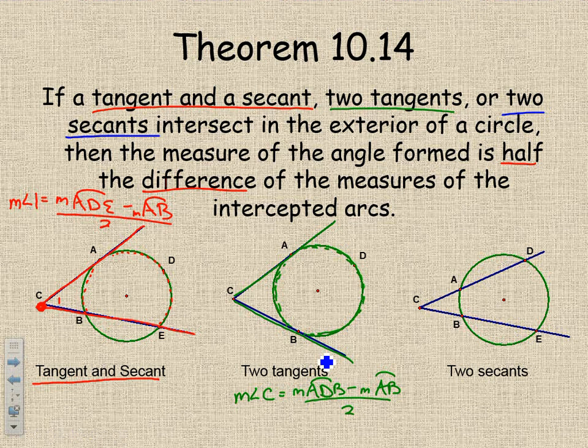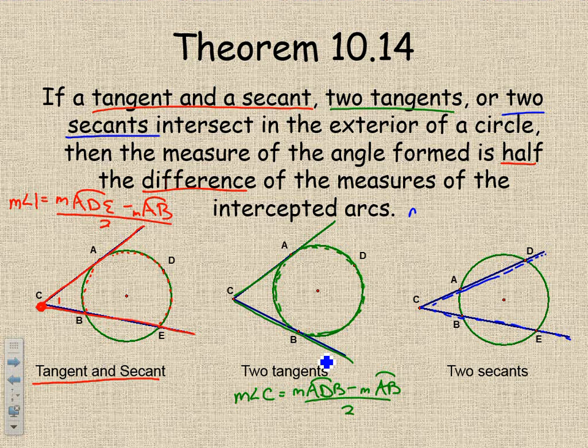Okay. So the biggest thing with this theorem is just making sure that you can see that it's either a secant and a tangent, two secants or two tangents, and then identifying what the intercepted arcs are. Hopefully it's not too hard for you guys to see this. So there's your two secants.